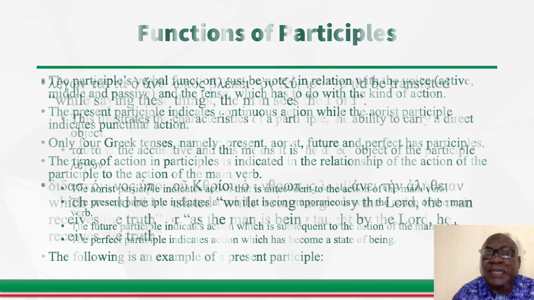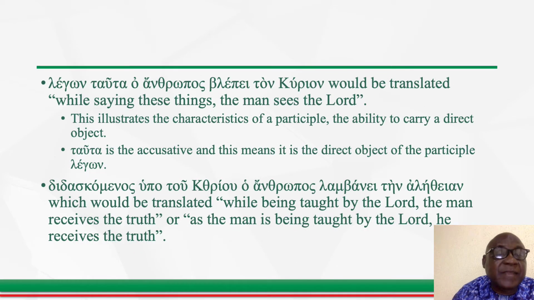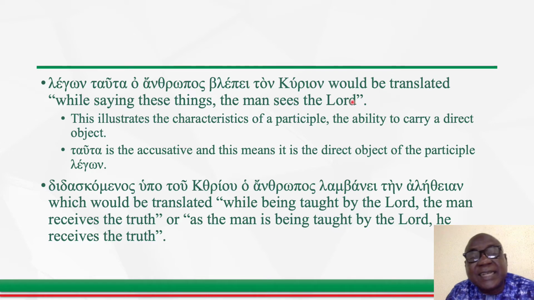Now let's look at these examples. Legon tauta o anthropos blepei ton kurion. Now, your participle here is a present participle and is the word legon. Let's look at the translation: while saying these things, the man sees the Lord.